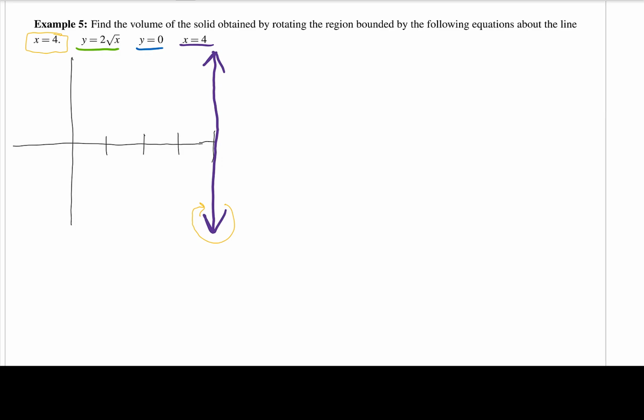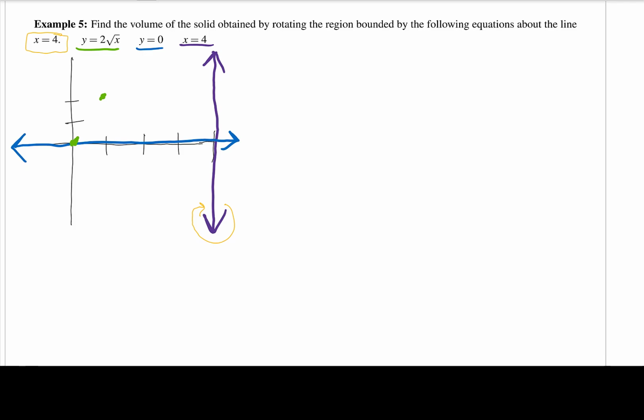So let's put in our other curves. We should have y equals 0, so that's this curve right here. And then we should also have 2 square root x. So we'll have a point right here, one at 1, 2.